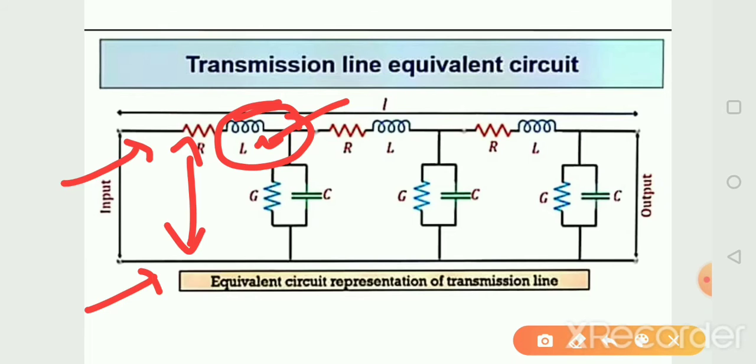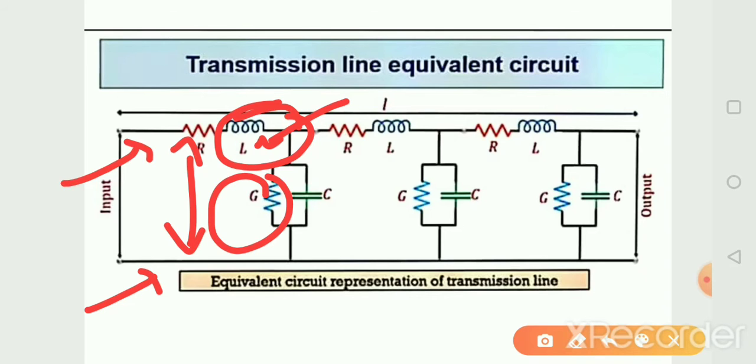This current flows through the medium between the conductors, due to which there is a conductance also in the transmission line. We consider a conductance.